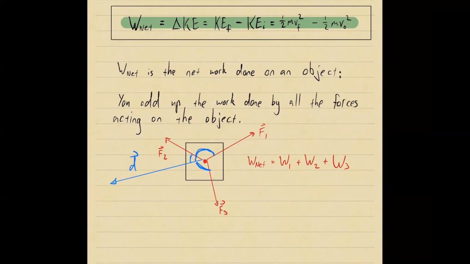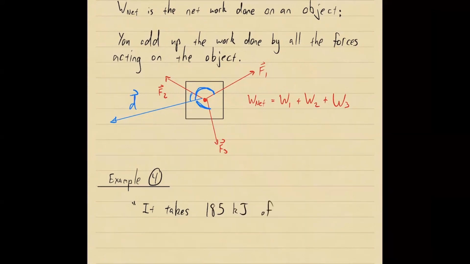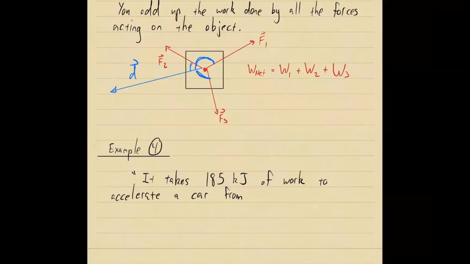So let's look at a problem. This is going to be example 4. Example 4 says that it takes 185 kilojoules of work to accelerate a car from 23 meters per second to 28 meters per second.